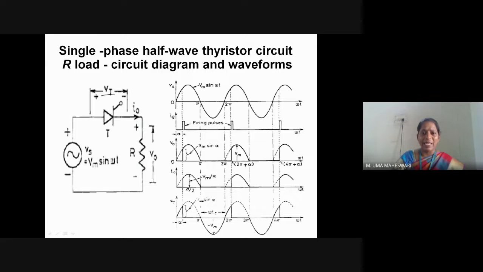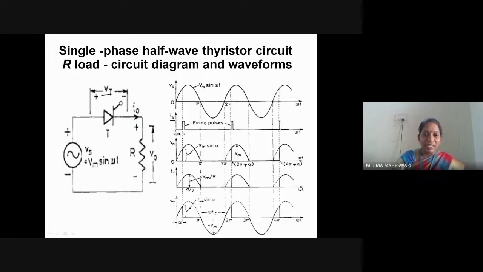One complete cycle is the positive half cycle and the negative half cycle, and this is the delay angle or firing pulse, represented by Ig, the gate current. What is the definition of the delay angle or firing angle? It is the angle from the instant the SCR gets forward biased to the instant the SCR gets triggered.